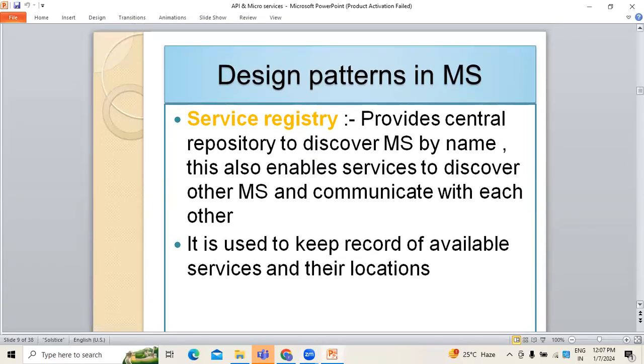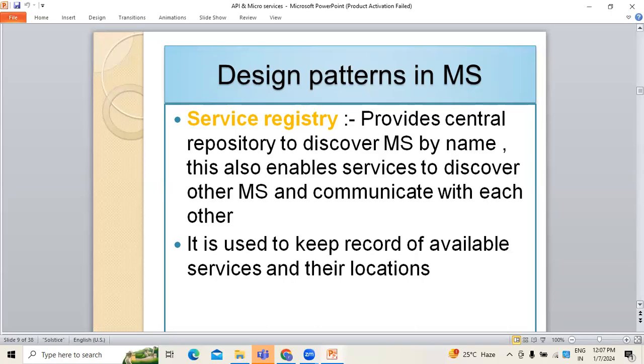Now, the first one, which is called service registry, wherein this service registry majorly provides the central repository, especially whenever we are discovering microservices, because this is majorly focusing on the repository system.